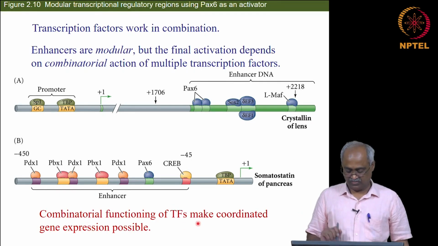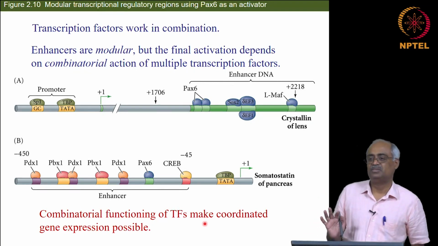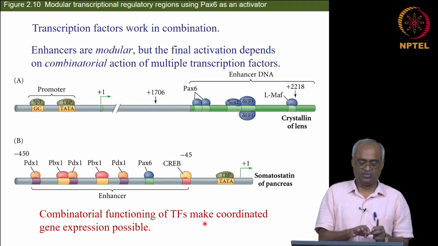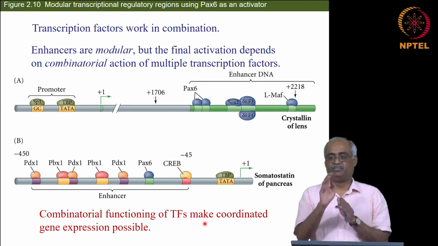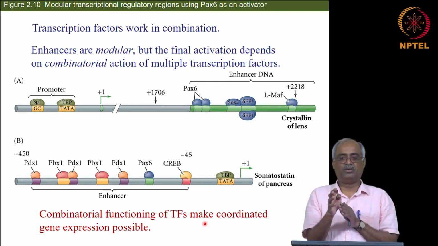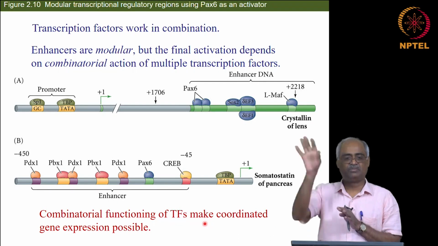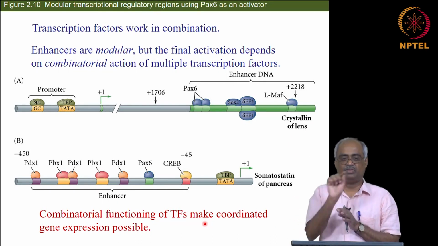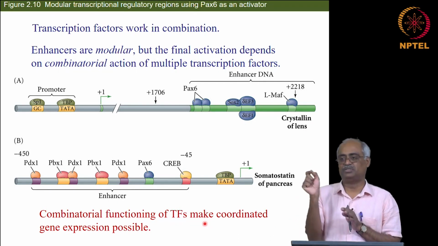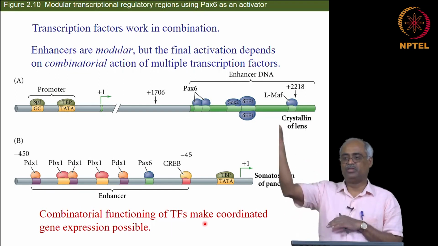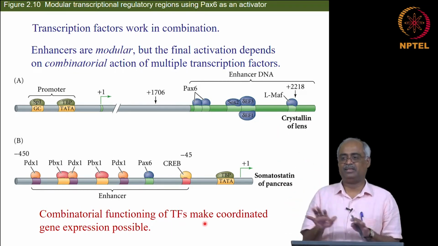So, combinatorial functioning of transcription factors makes coordinated gene expression. Okay. So, for example, under a particular condition you might want to activate a certain set of genes in certain parts, and all of them can be handled if that condition activates only one transcription factor. So, that will go to the right places, and if the right things are already there, it will express.